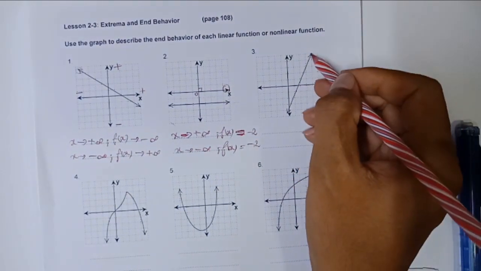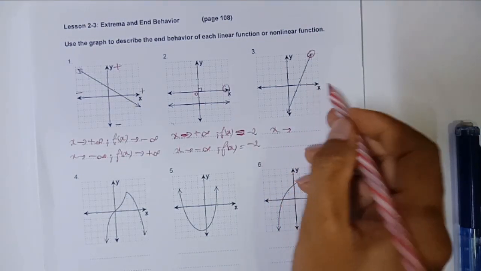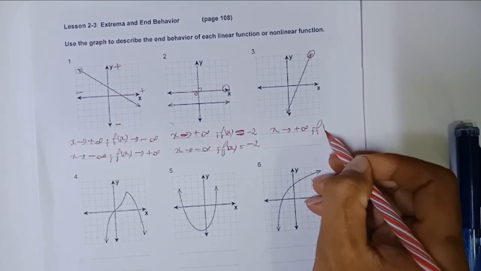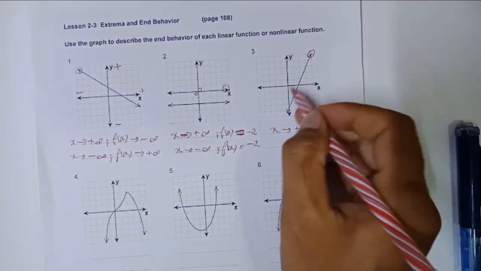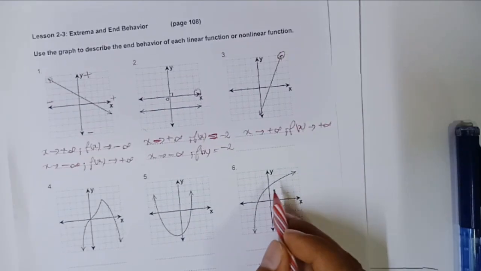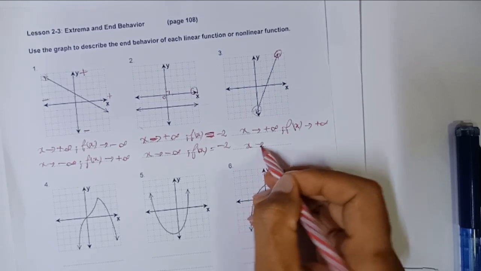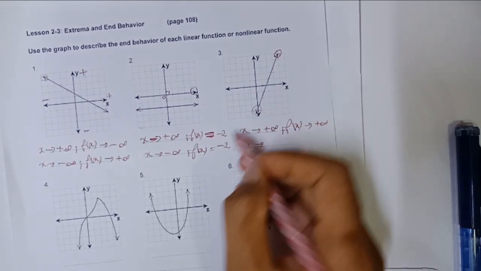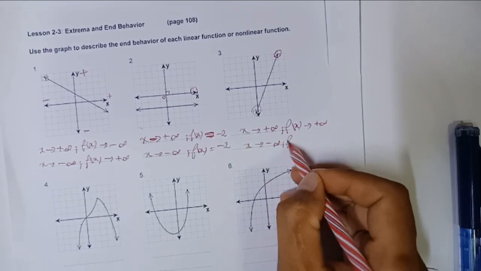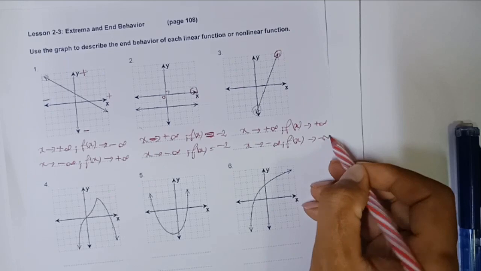Number 3, begin from this side first. As x approaches positive infinity, then f of x approaches also positive infinity. And for this direction, as x approaches negative infinity, then f of x approaches also negative infinity.